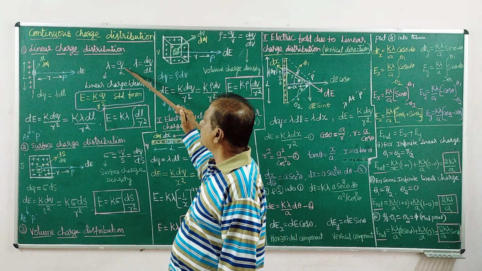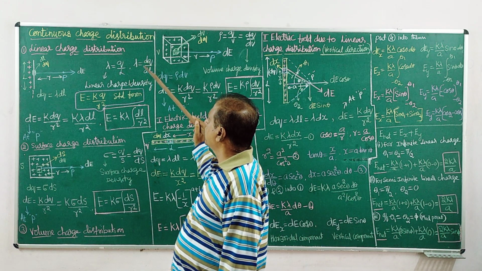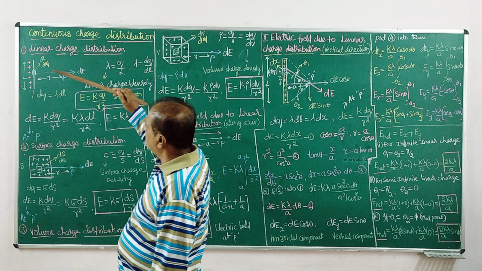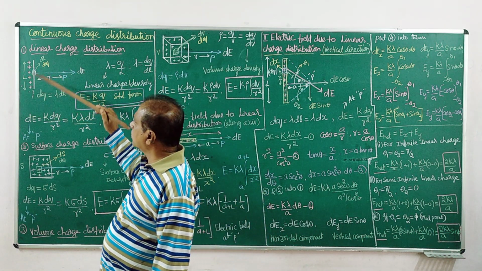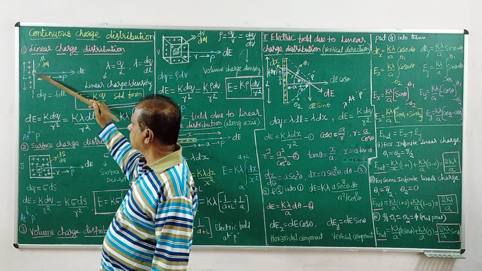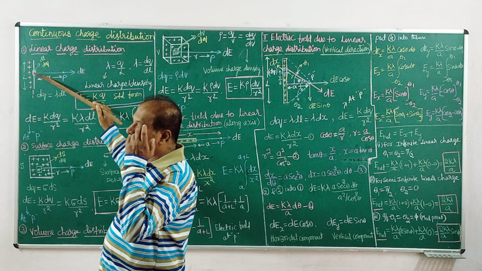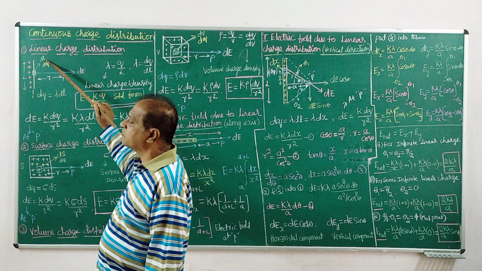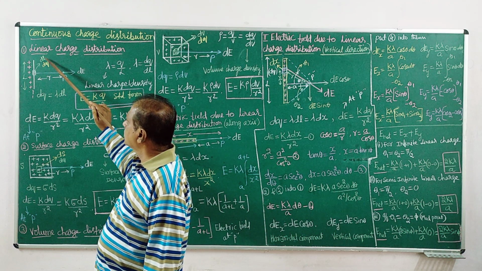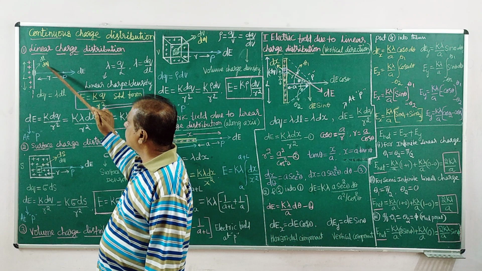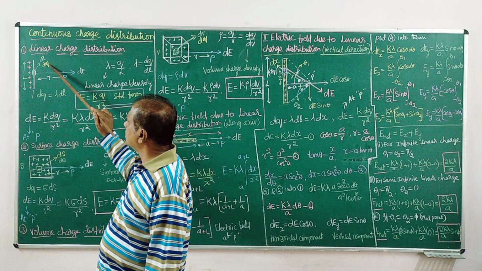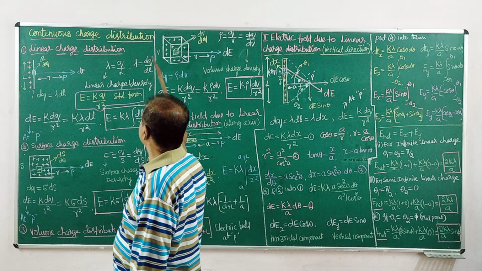What is the differential form of this? dq by dl. dq is an infinitesimal amount of charge, infinitesimally small. Present in which length? Only infinitesimal length dl. So this amount is present in this length. Infinitesimal charge, infinitesimal length. That is the differential form.